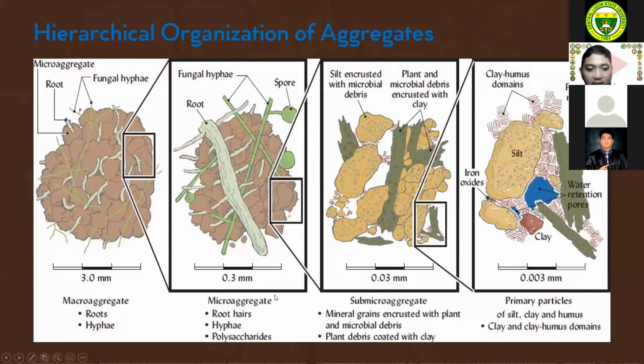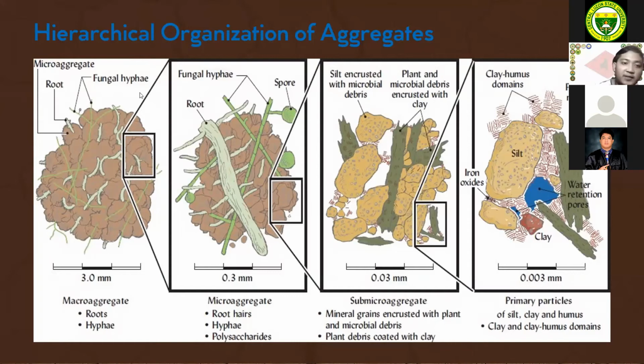So microaggregate contains root hairs, hyphae, and polysaccharides. So it ranges from 0.3 millimeter in size. Then composed of microaggregates is what we call the macroaggregates. So ito na yung macroaggregates natin na nagpo-form ng structure. So, that is the definition of macroaggregates.